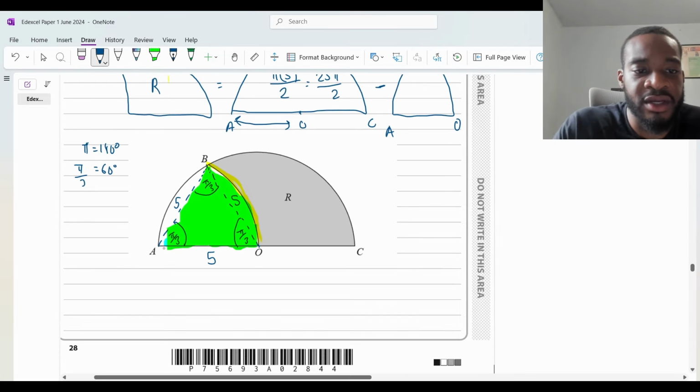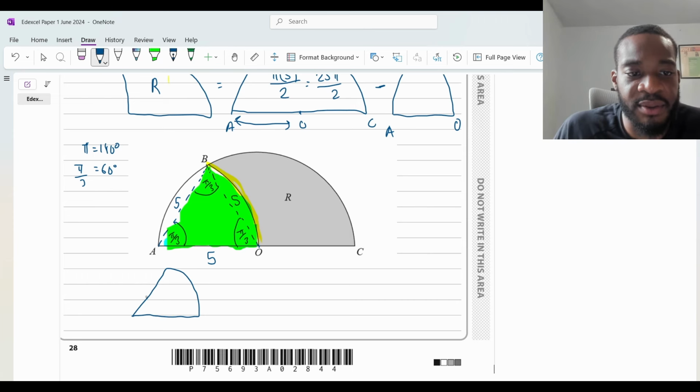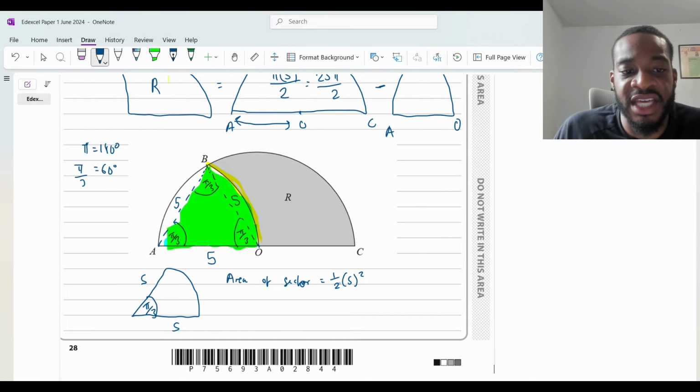I'll draw it out again. So that sector ABO, which I'll draw like that, that's going to be pi over 3. We know that this is 5, that's 5, right? Remember, the area of a sector is a half r squared theta. So the area of the sector is going to equal 1/2, the radius is 5, so 5 squared, and then theta is pi over 3, isn't it?